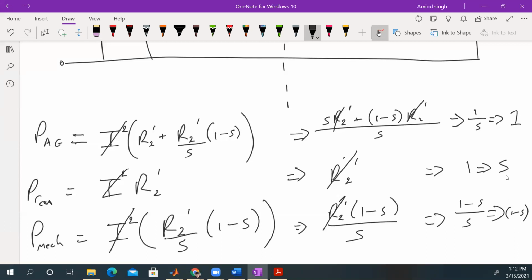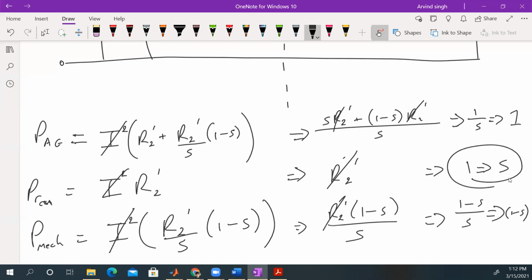The slip, remember, is the difference in frequency from the synchronous frequency of the stator to the rotor electrical and the rotor mechanical. So the power in the rotor electrical side goes into the copper losses, that is this.